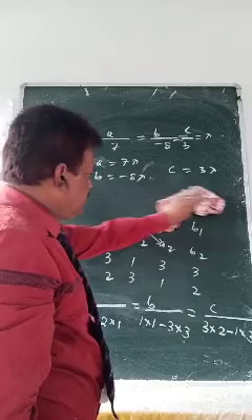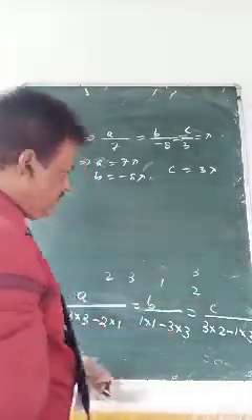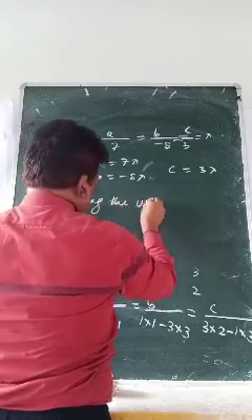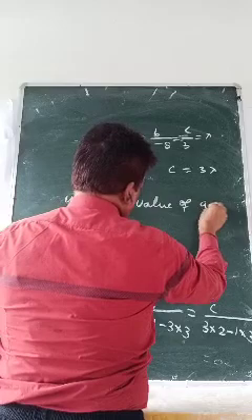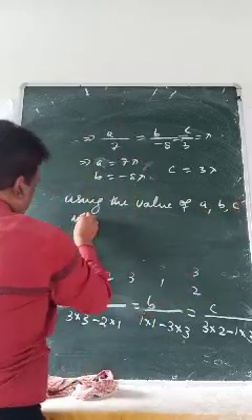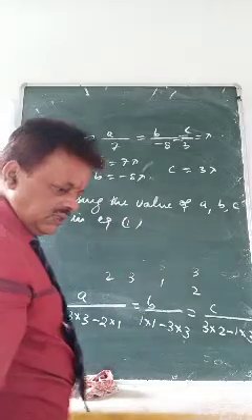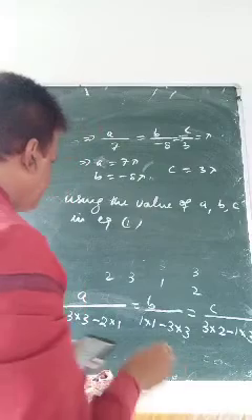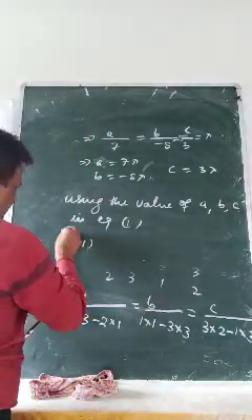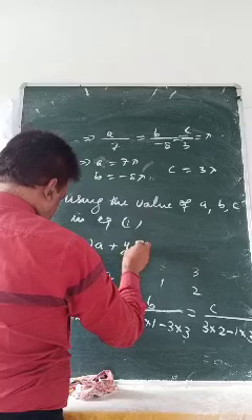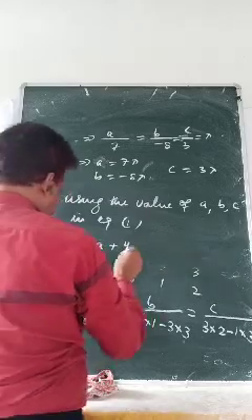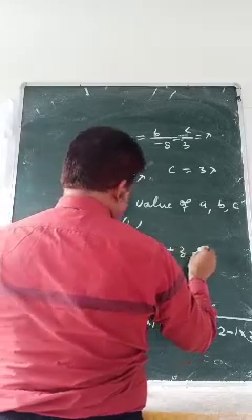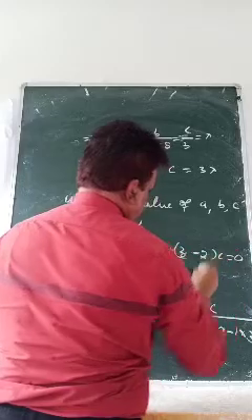Using the value of ABC in equation number 1. What was equation number 1? That is point form. So that was the point minus 1, 3, 2. So it was x plus 1a, y minus 3b, z minus 2c equals 0.